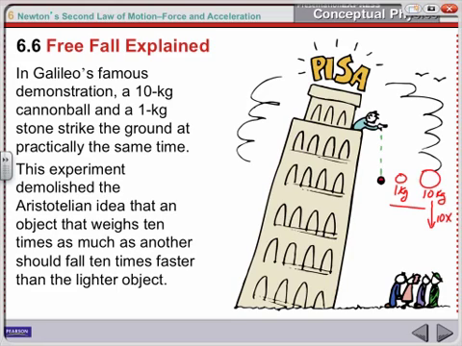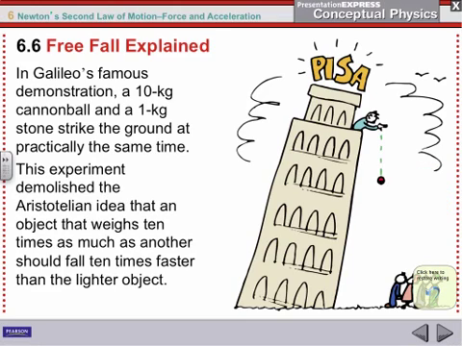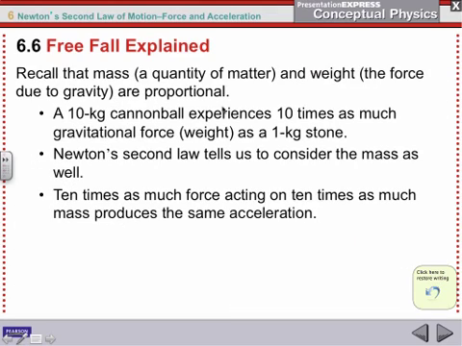When he did this, if he did it, they would have landed very close to each other at about the same time. Maybe a slight difference, but not 10 times different. So this was a way to prove that objects fall at the same rate despite what their weight is. Doesn't really matter. Okay?